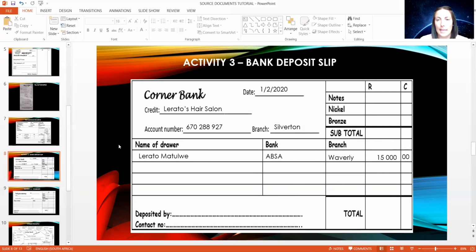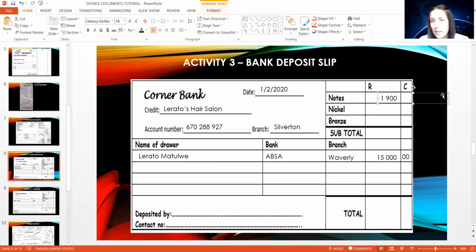Okay, so that is then how we record it when somebody gives us a check to go and deposit into our business's bank account. Then we said bullet number 2, you also gave an additional 2,000 Rand. 1,900 was in notes, and the rest, 100 Rand, was in 5 Rand coins. So by notes, we're going to write 1,900 Rand. Good.